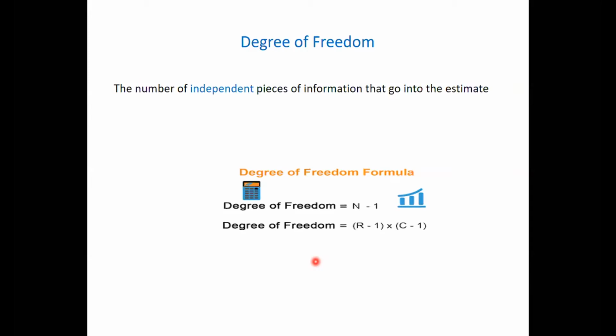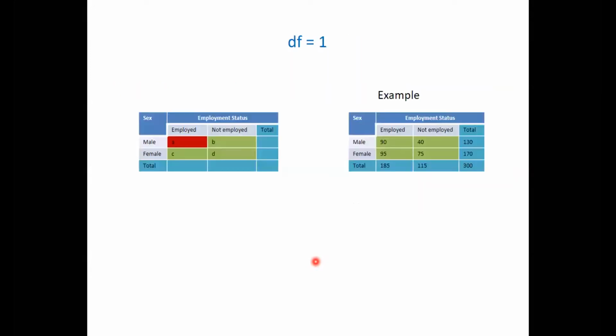It is the same logic for the contingency table. In the contingency table, you know you are dealing with two directions, the row and the column. Look at it now. The total is initially fixed, those blue areas are the totals. For a 2 by 2 table, the simplest example here, there are 4 cells. The total is fixed.